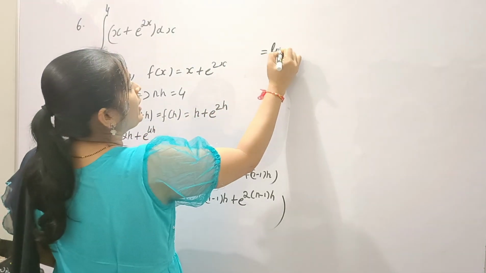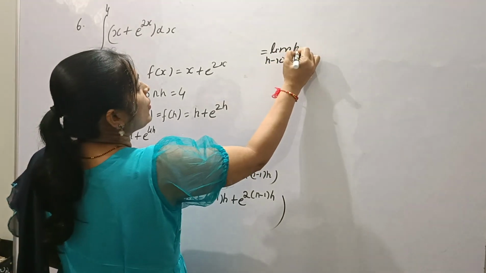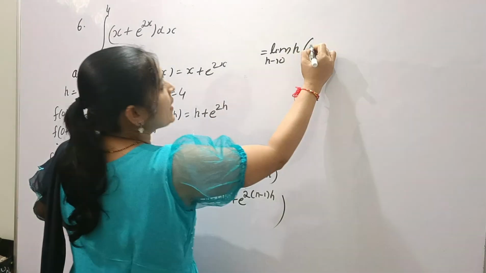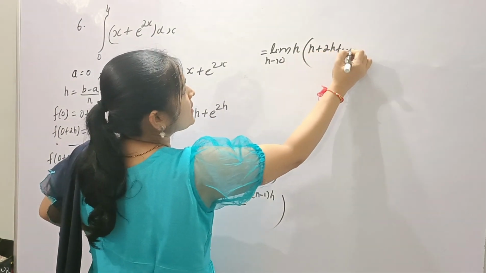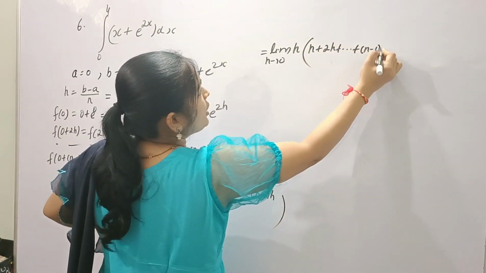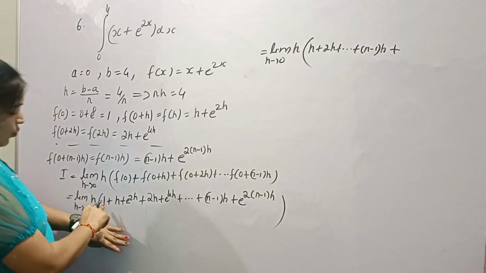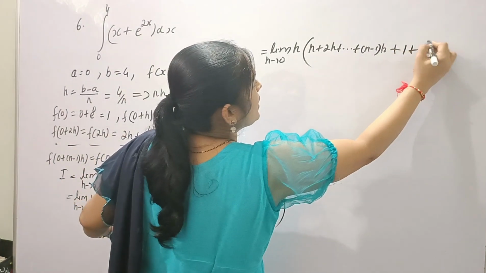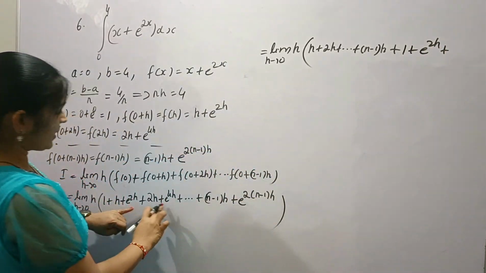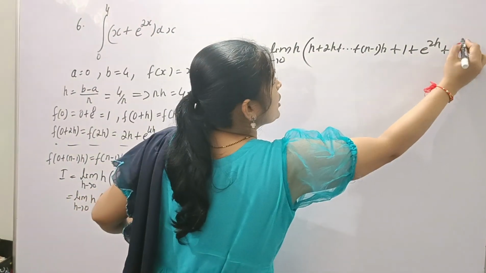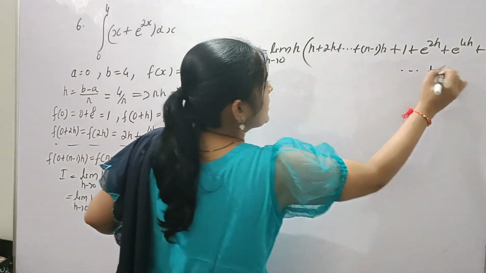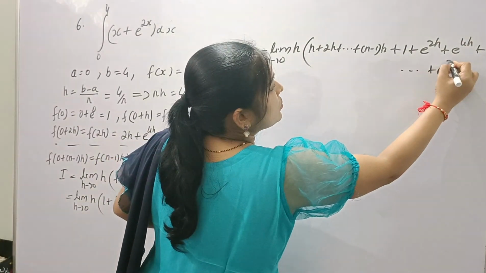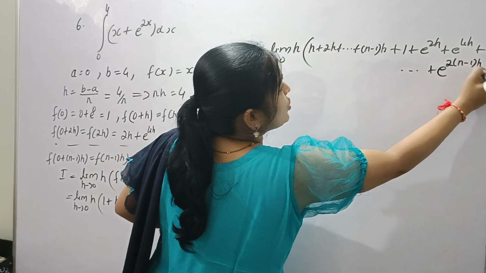So it will be limit h tends to 0, h into, h plus 2h plus etc. plus (n minus 1) into h, plus next term 1 plus e raised to 2h plus next e raised to 4h plus etc. plus last term e raised to 2 into (n minus 1) into h.